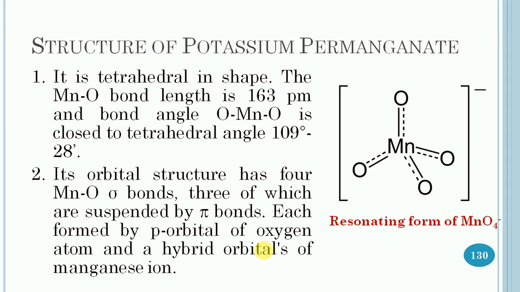Then structure of potassium permanganate. The permanganate ion is tetrahedral in shape. In this case, all manganese-oxygen bonds correspond to 163 picometer, and the bond angle is close to the tetrahedral angle, 109.28 degrees.